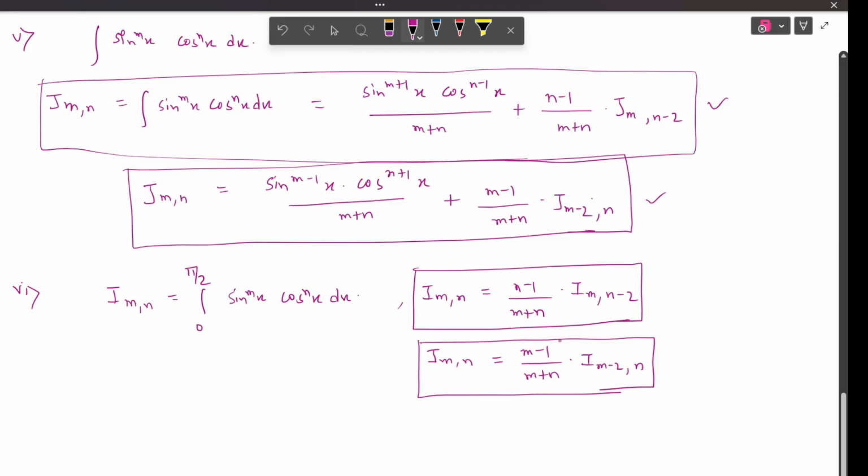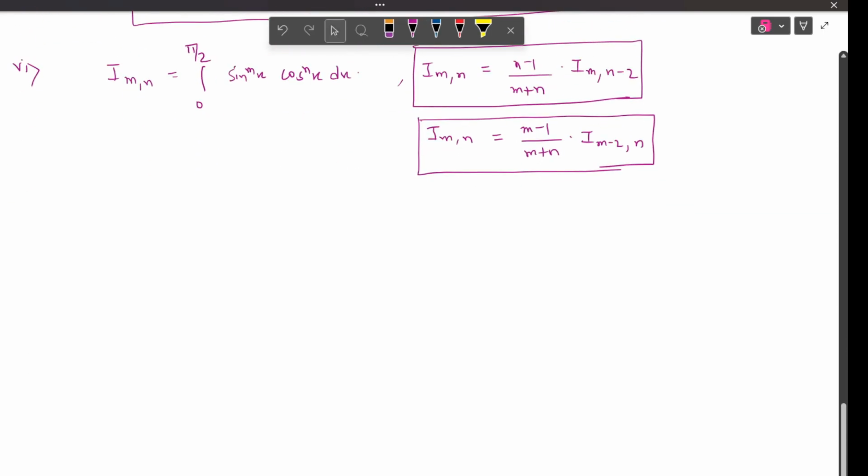Okay. Both of the formulas are valid. And finally, note one thing: I m comma n is similar to I n comma m.